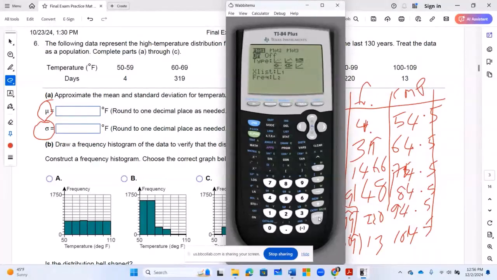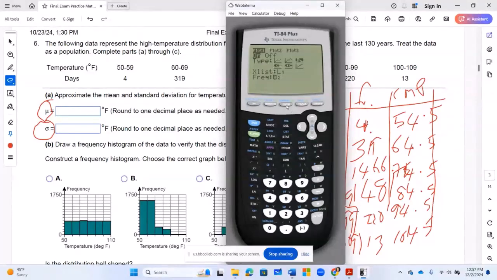Since it said frequency histogram, I am going to arrow down. L1 is class midpoint. L2 is frequency. So everything is good. Now I am going to zoom 9 for the first time.